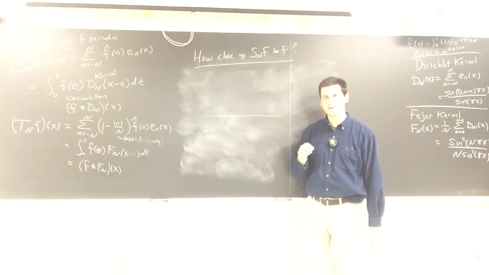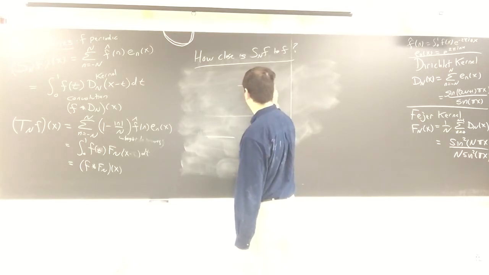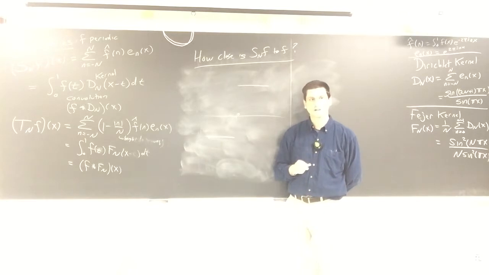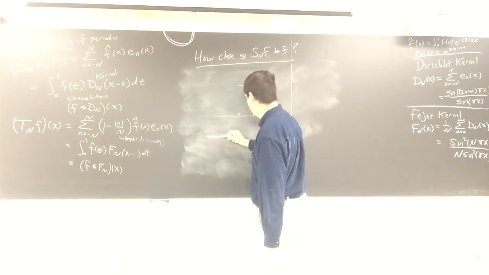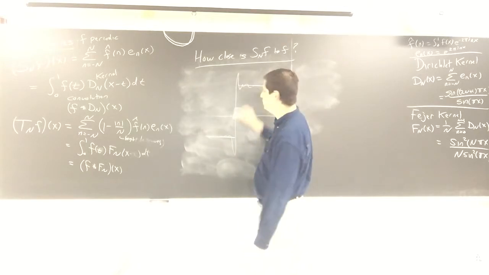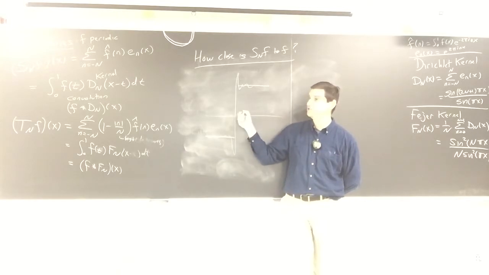It's called the Gibbs Overshoot. You can take a function which is, say, -1 here and +1 here, and maybe we'll define it to be 0 here. And when you look at the Fourier approximation, it shoots down like this, then shoots up, and overshoots by about 18%. And so the convergence at this one point is really bad.